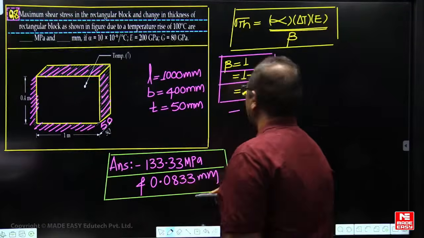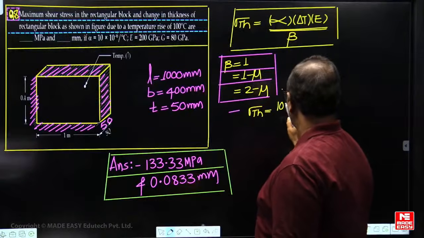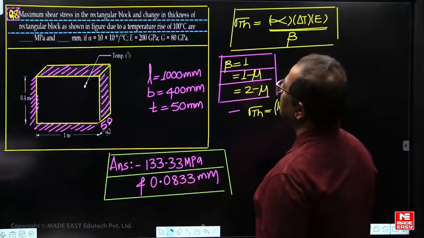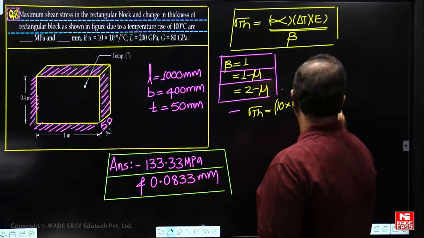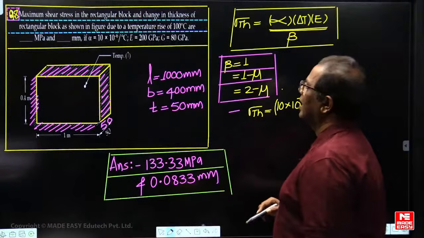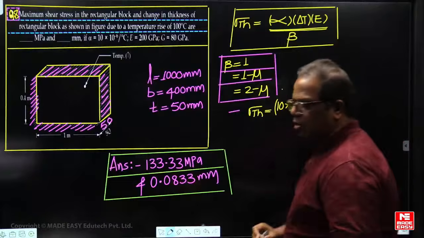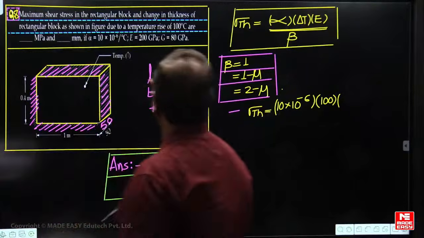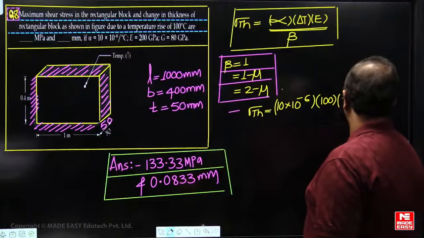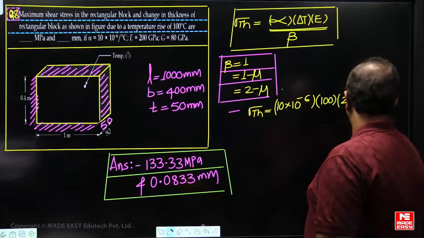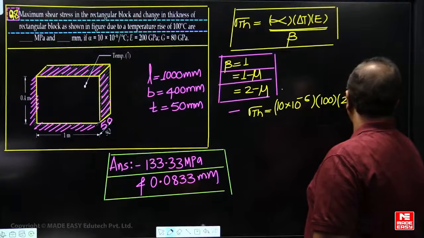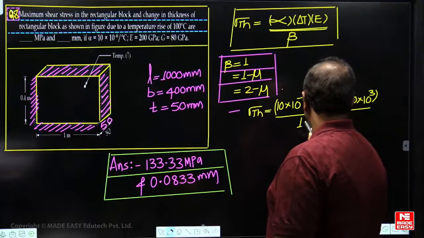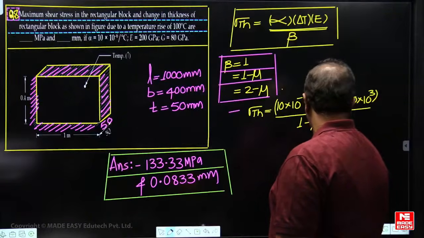Thermal stress is alpha, alpha is..., change in temperature is 100, and Young's modulus is..., beta. Beta is what? The 1 minus mu.